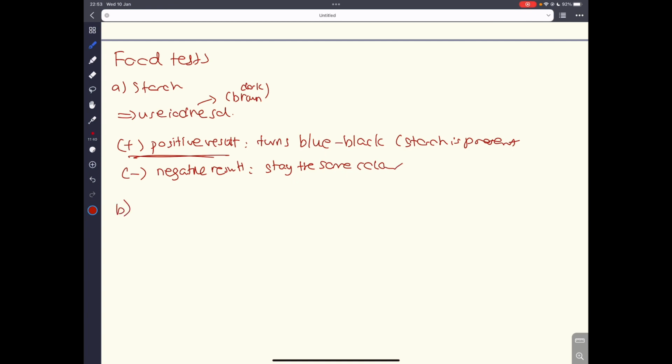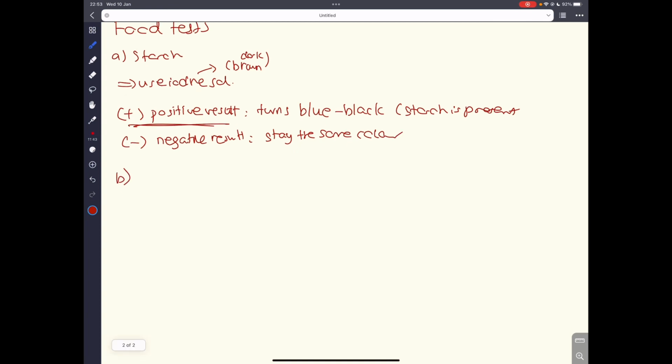Now, the second food test that you have to know is the Benedict's test, or the test for reducing sugar. At this level, I should remind you that you only have to study reducing sugar. You will not have to study non-reducing sugars.